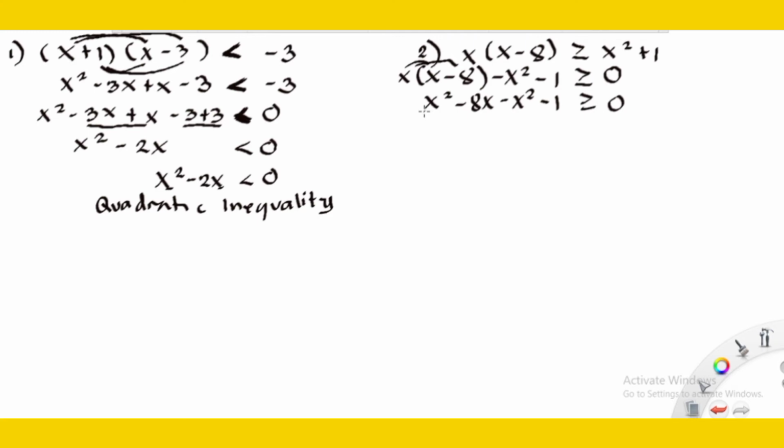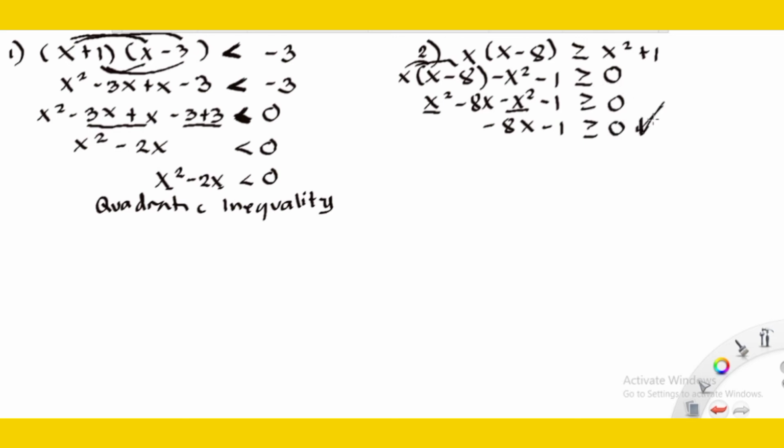Combine like terms, the similar terms x squared and negative x squared. So, x squared minus x squared is 0. So, that is gone. Then, negative 8x, we will just copy it, the same with negative 1. And then, is greater than or equal to 0.